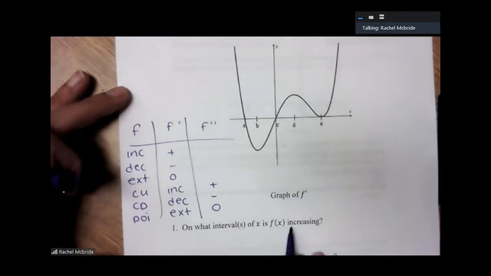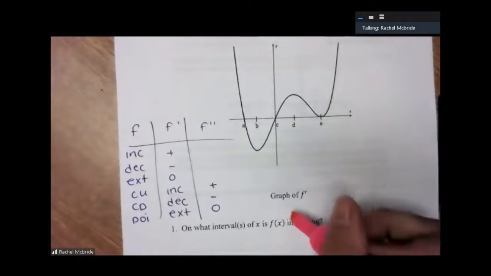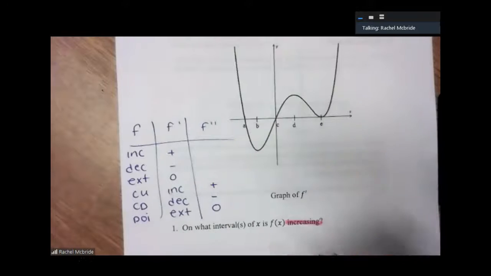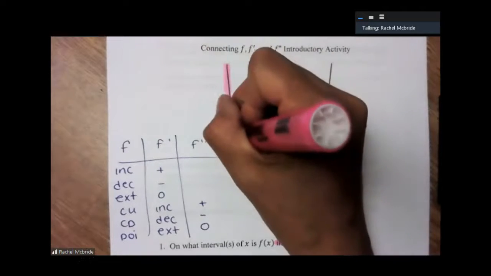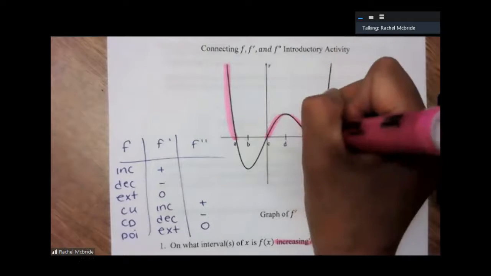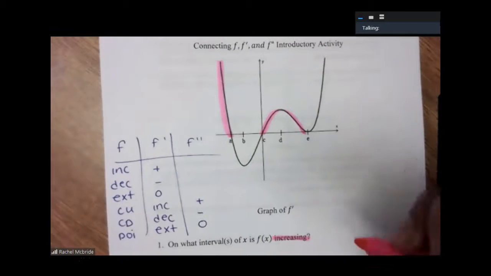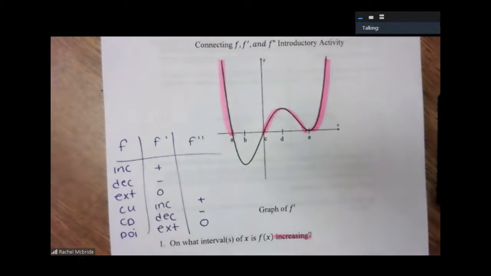So it says on what intervals is f of x increasing? Well, f of x is increasing when f prime of x is positive. So it is positive from negative infinity to a, from c to e, and from e to infinity.